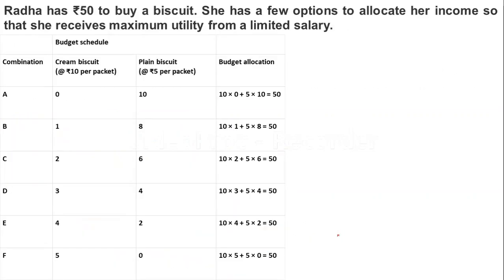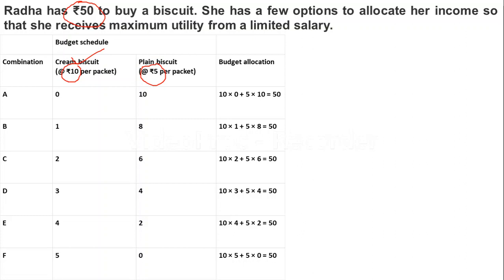So now let us study the budget line by using this table. The budget line, as we all know, shows the combinations of two goods which are available to the consumer at a given level of income and prices. So here prices and income are given. The consumer's income is 50 rupees, the price of cream biscuit is 10 rupees per packet, and the price of plain biscuit is 5 rupees per packet.